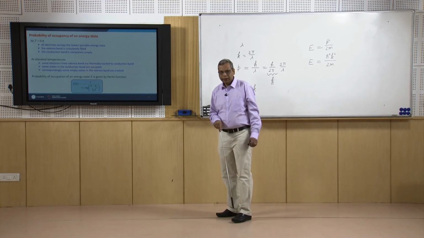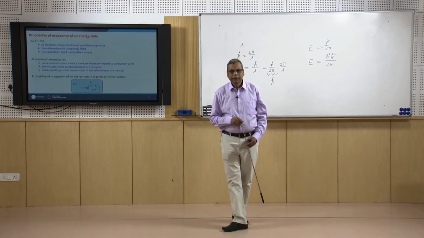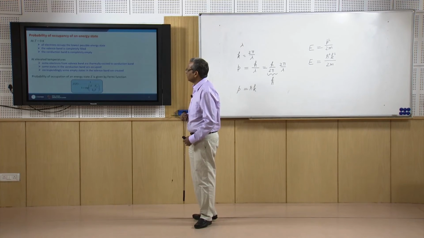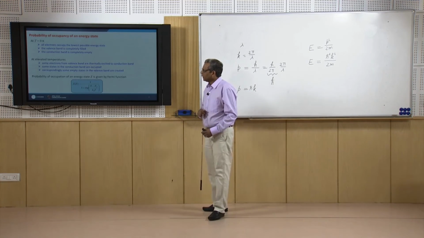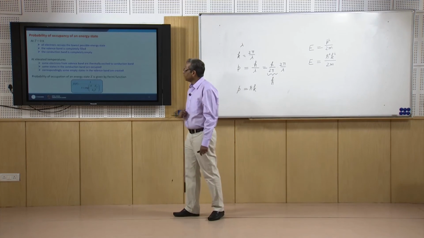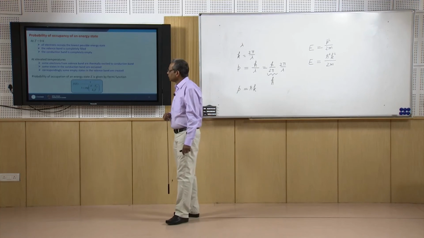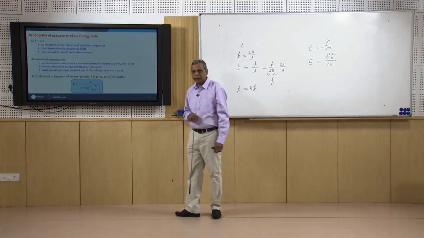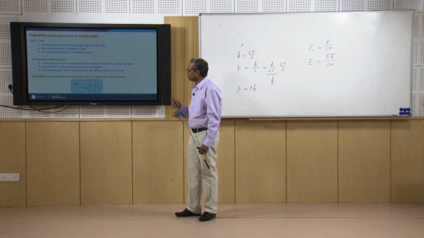So, the valence band would be completely filled and the conduction band is completely empty. If you elevate the temperature, then some electrons from the valence band are thermally excited to the conduction band, and some states in the conduction band are occupied. Correspondingly, you have some empty states in the valence band.